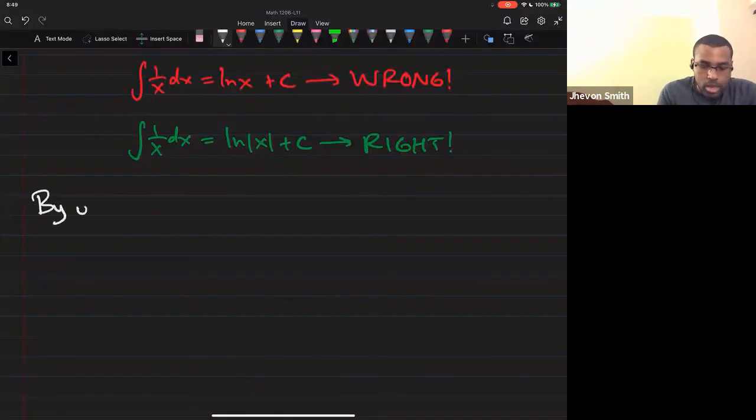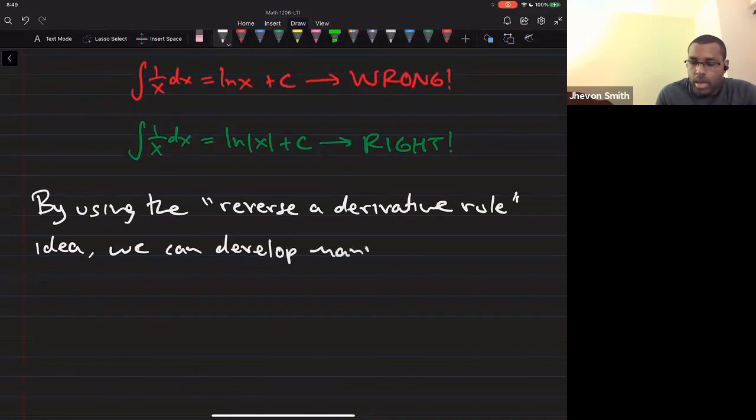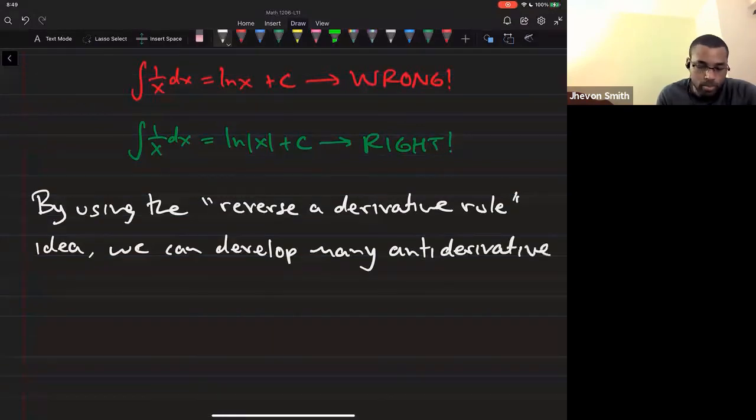By using the reverse a derivative rule idea, we can develop many antiderivative formulas for almost free.